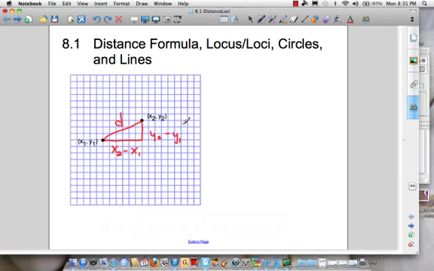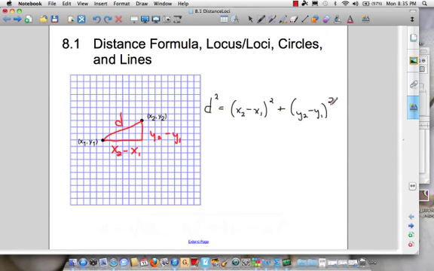And now I'm going to write the equation that would result from the Pythagorean theorem. The Pythagorean theorem says that you can get the hypotenuse squared by taking the sum of the legs squared. So (x2 minus x1) squared plus (y2 minus y1) squared.